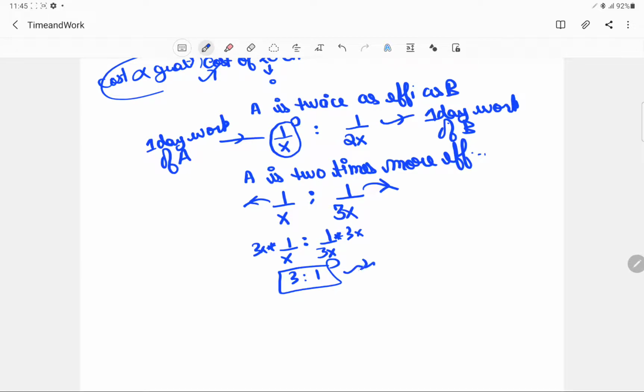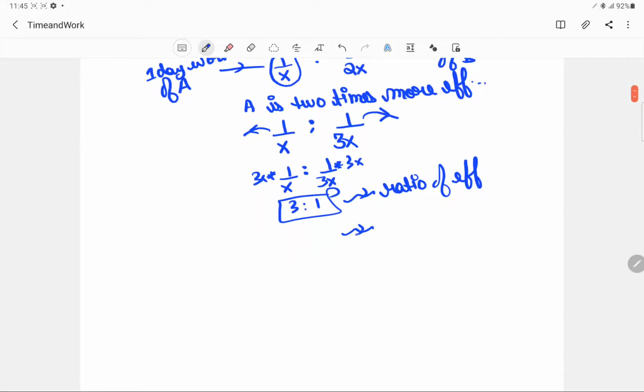This is the ratio of efficiency, or this is also the ratio of the pay, that is 3:1. Always write it in terms of the work they are able to do in one day. That would be very easy, and you will never get confused.